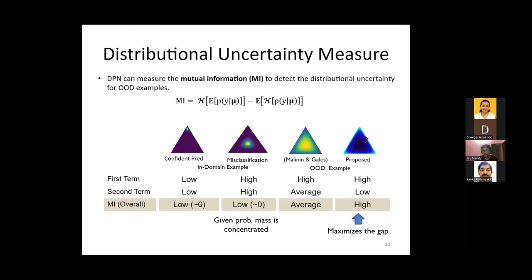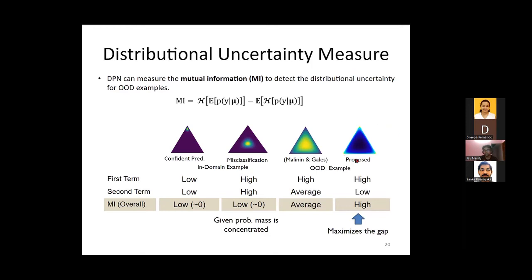What we propose in the other case ensures that the first term is always going to be high, but we also ensure that all the samples we get have low entropy, because we sample from the corners, and in all the corners the probability scores are going to be very confident for at least one class.